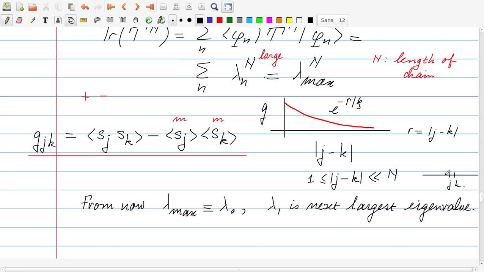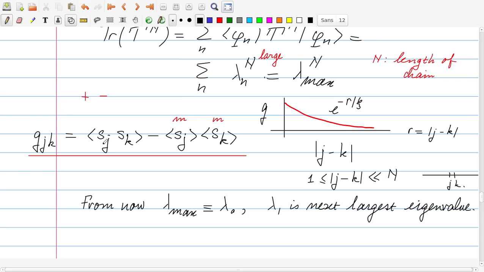Now if I, for example, have a plus spin at site j and I measure the spin at k, it will probably be more often plus than when this spin would be minus. So these spins are not completely independent, they are correlated, and that's expressed by this function g of jk.